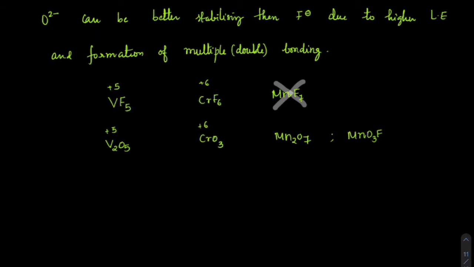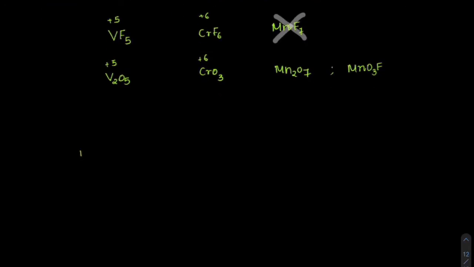Oxygen can do it because it will form multiple bonds. Now think about it, if you have manganese with 7 fluorines, what would happen? There would be huge crowding, so because of the crowding, that molecule will be unstable.